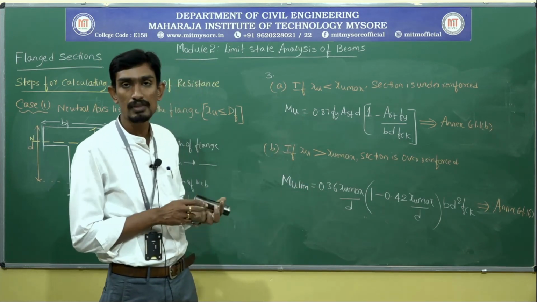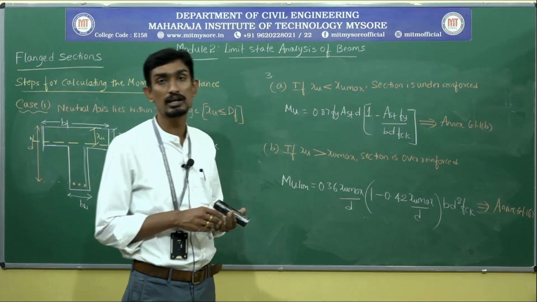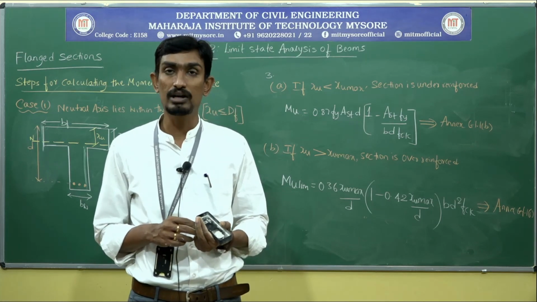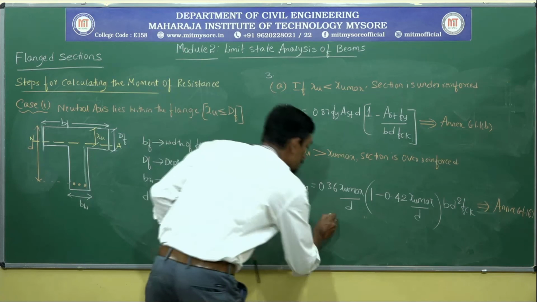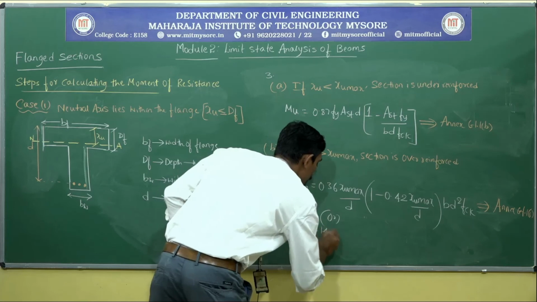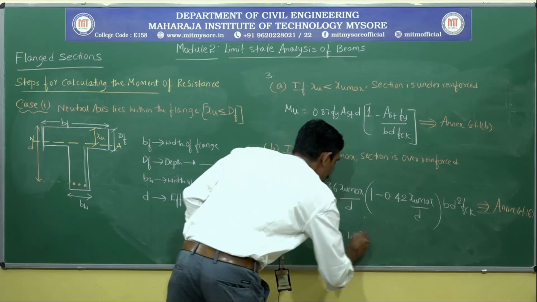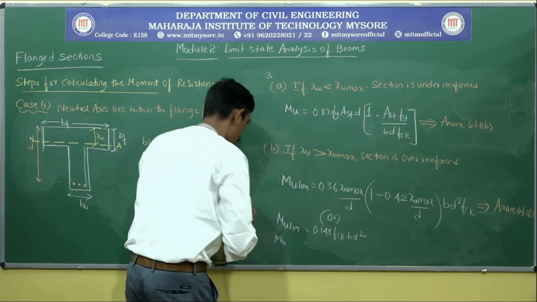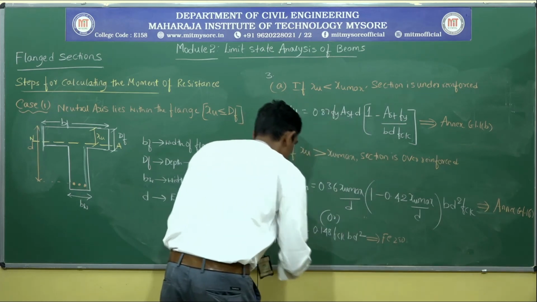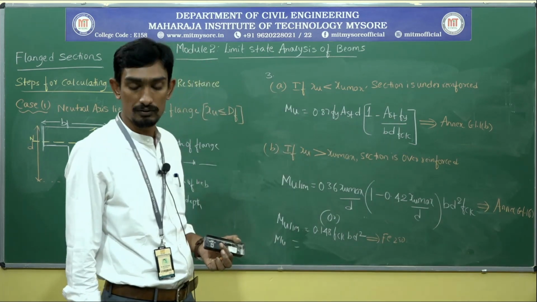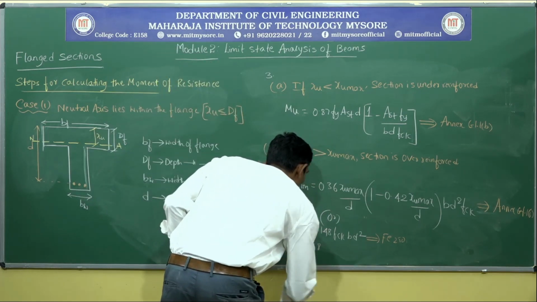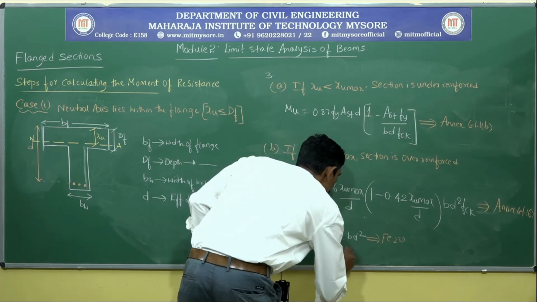You may use this formula or you may use a different formula depending upon the grade of steel. That is, MU lim is equal to 0.148 FCK BD square for Fe 250 steel. For Fe 415 you have 0.138 FCK BD square.